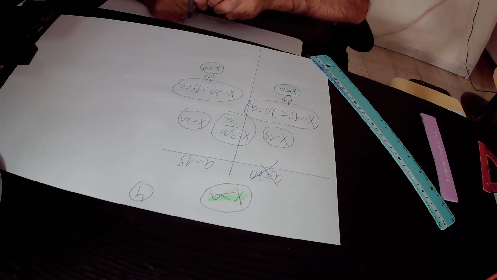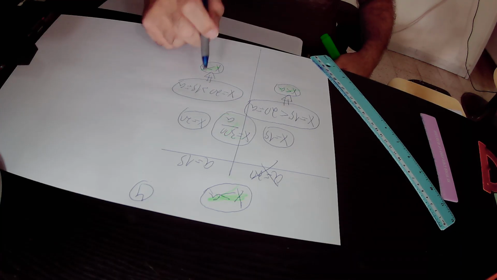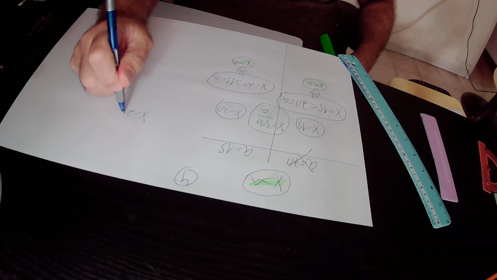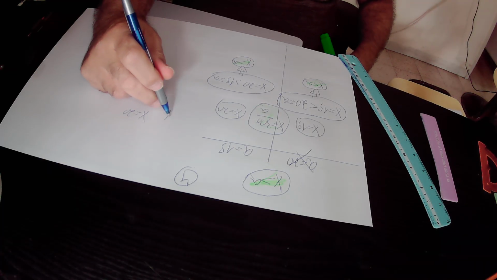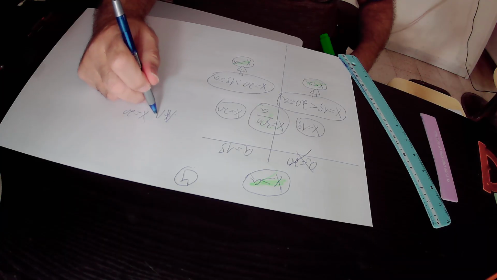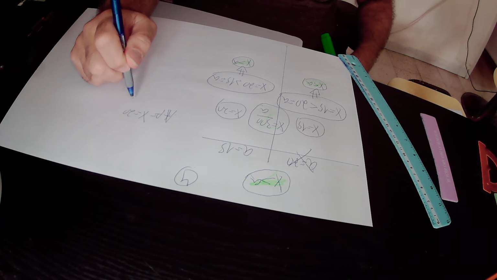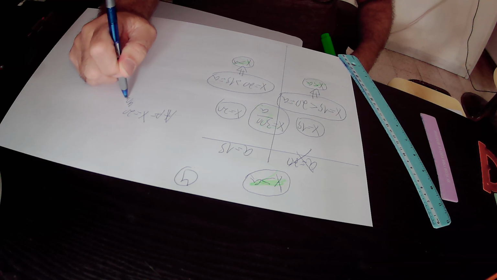So the answer to the question is that x equals 20. Line segment AP is equal to x, which is equal to 20 units in length.